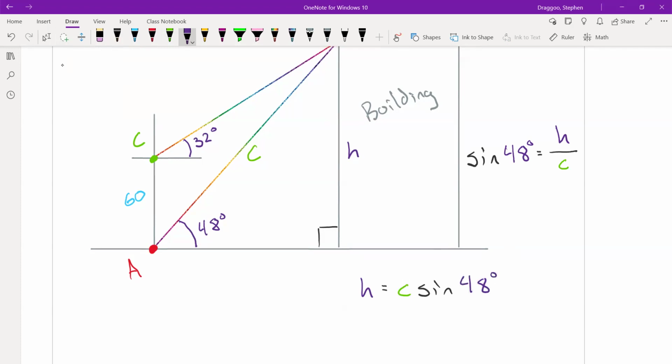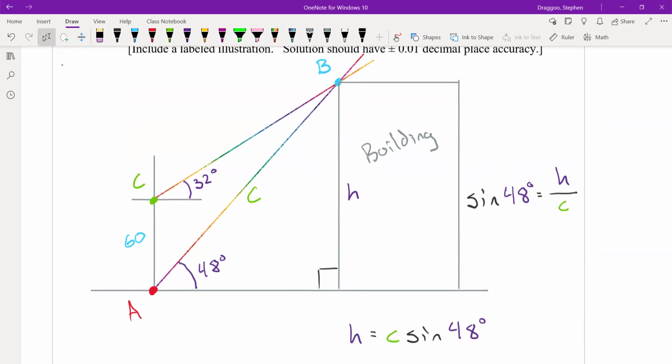There's just one problem, one snag that we run into, and that's that we don't know the value of c. At least we don't know it yet. We could probably solve for it, but as of right now, c is an unknown. So we're going to need to figure out c. We need to know the length of the hypotenuse of that right triangle before we could find the height of our building.